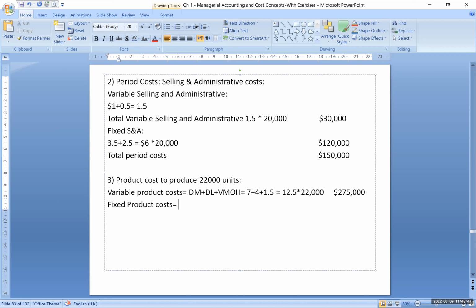So if we produce 22,000 units, we are still paying for the 20,000 level. So we are not paying depending on the unit here. Rather, we are paying 5 multiplied by the 20,000 units, not 22,000 units. So the answer here will be $100,000.